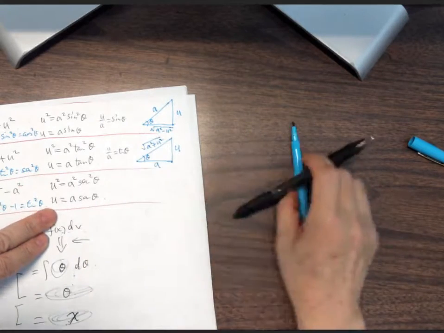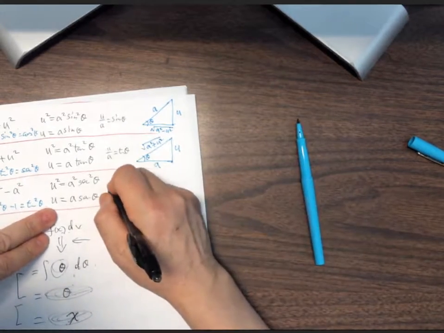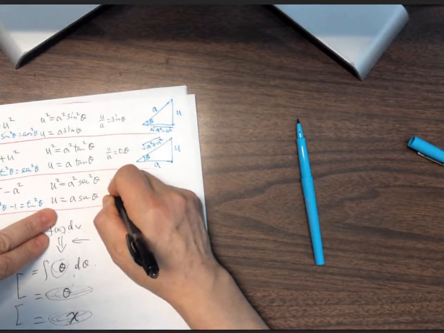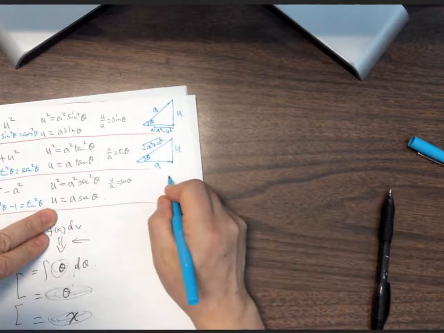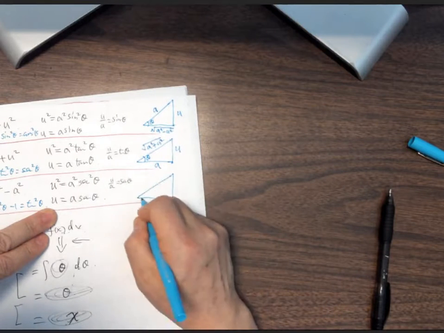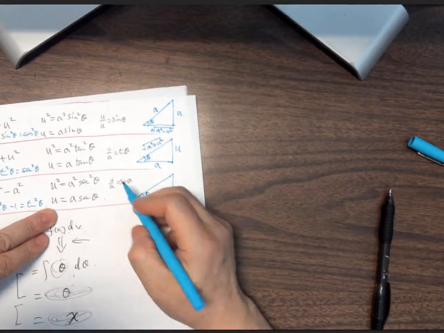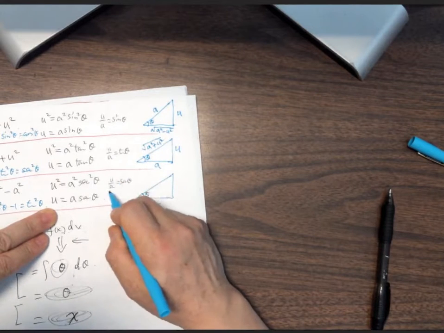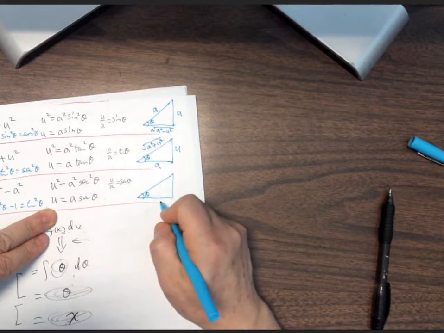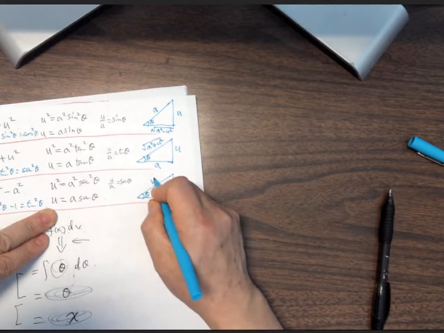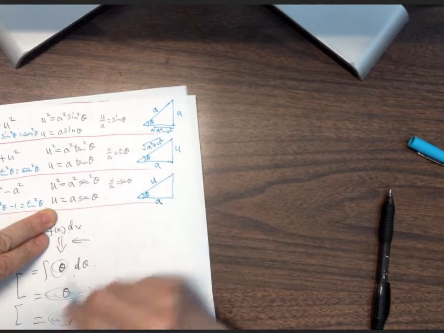The third substitution, so u over a is secant theta. Now if this angle is theta, secant is u over a, so cosine is a over u, adjacent over hypotenuse.